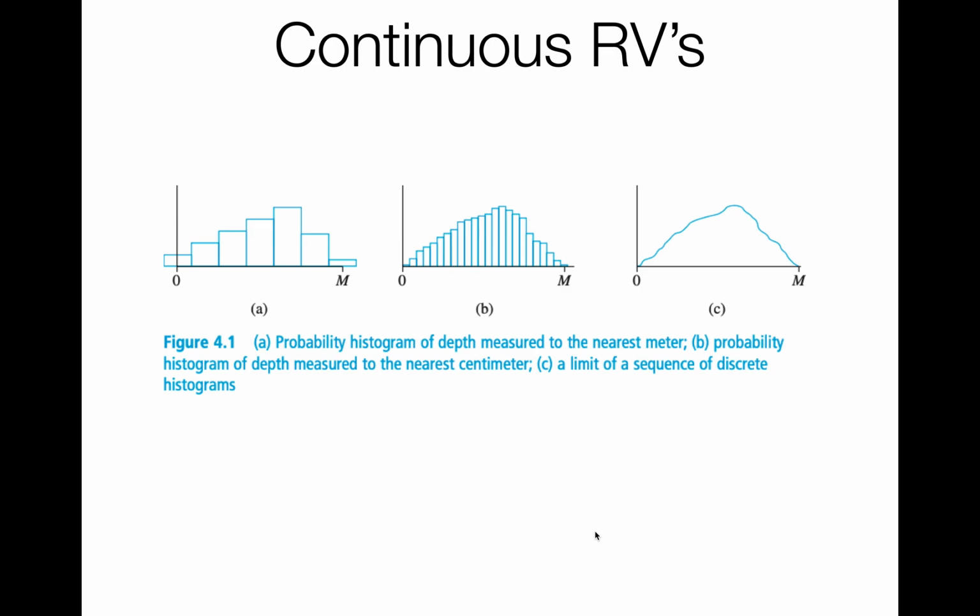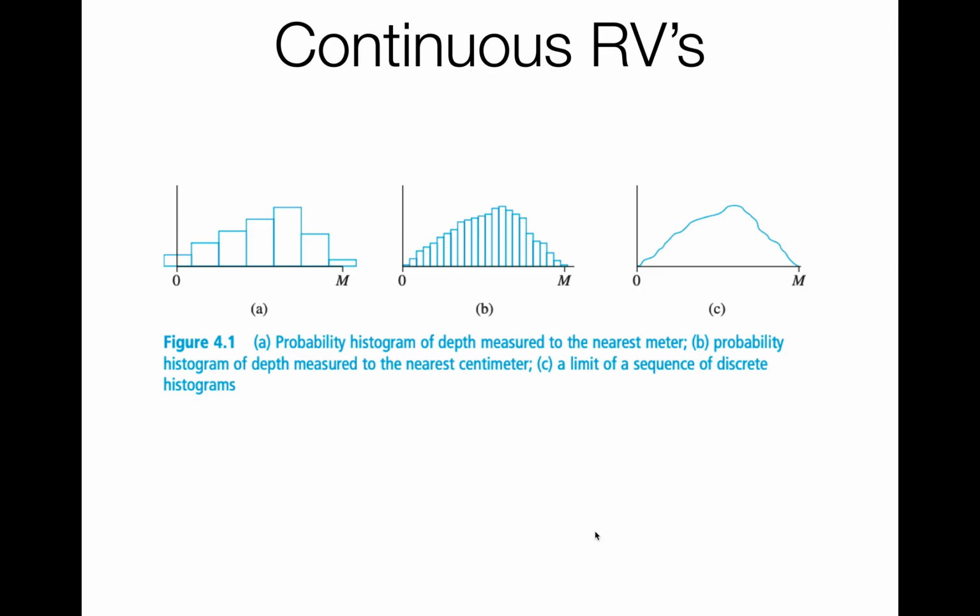So how does that happen theoretically? If we think of our first example, where we're measuring the depth of the lake in meters, in figure A they say this is a probability histogram of depth measured to the nearest meter. What they mean by the probability histogram is, if you remember, in any visual that we looked at of a PMF, we had this probability at a point, like lines up at the single points.